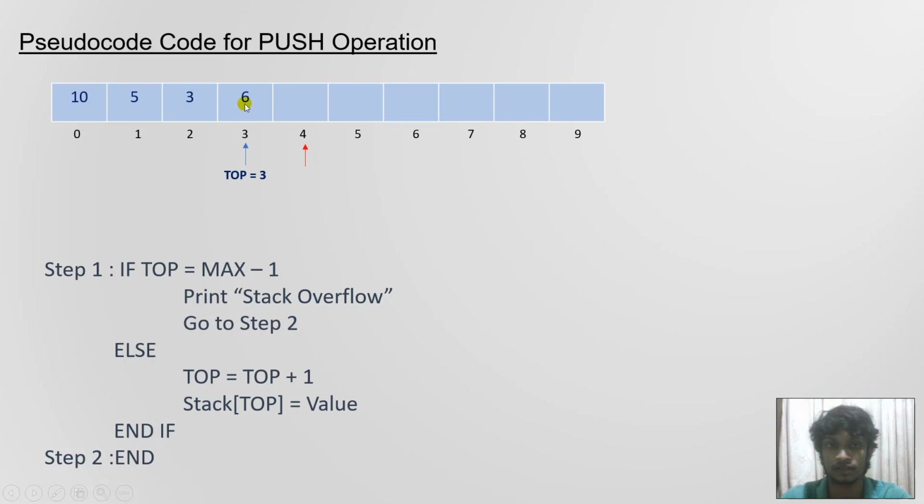What I want is to insert that element at the 4th index. In order to do that, first I should increment top by 1, then I can store that value at the topmost location like this, and the top will be increased by 1.